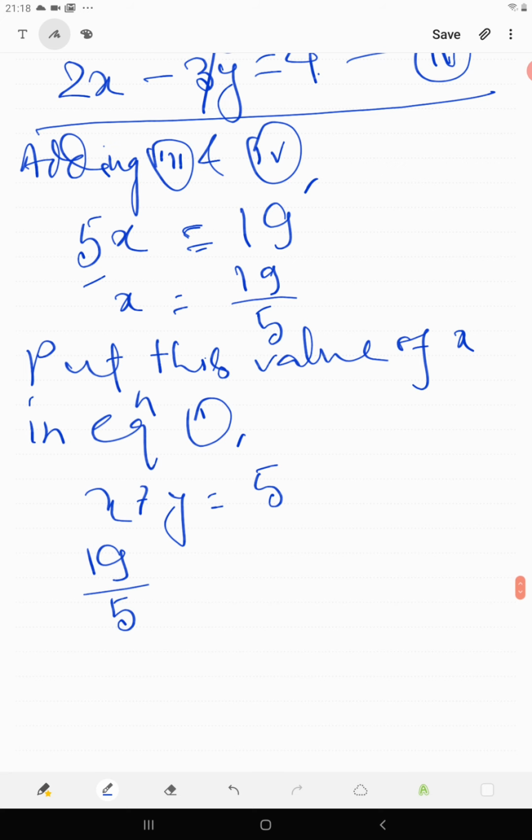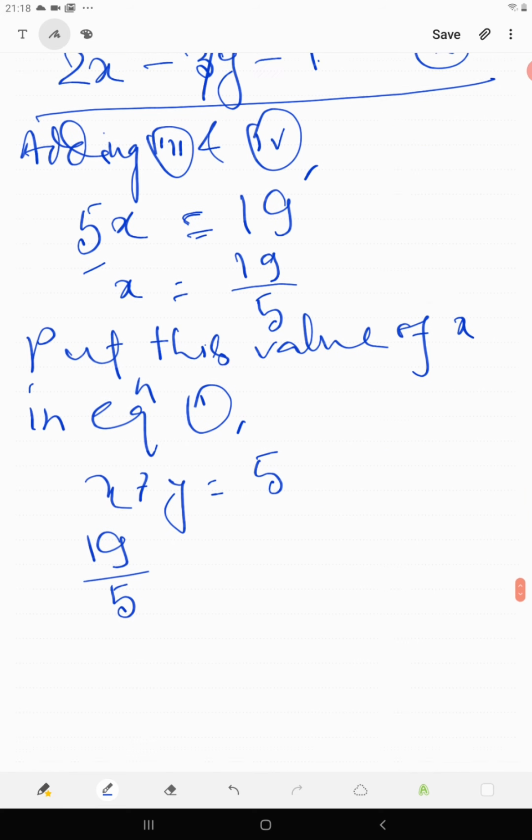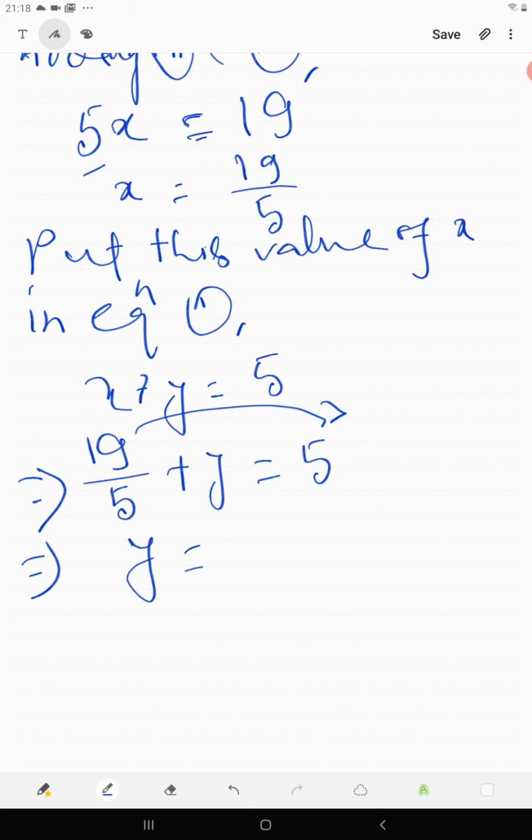So 19 by 5 plus y equals 5. We take this 19 by 5 to the right, because it's a constant. So y equals 5 minus 19 by 5.